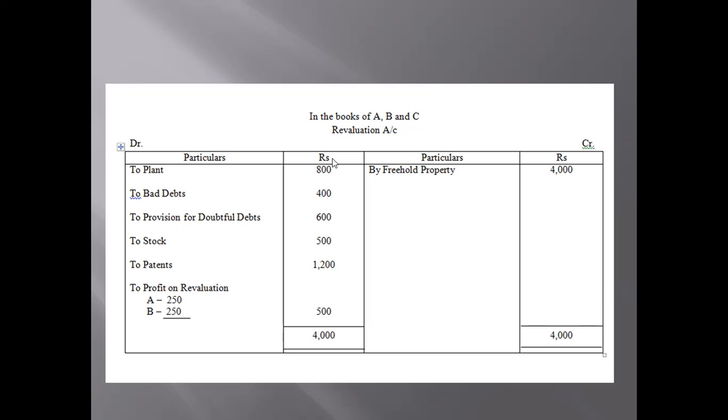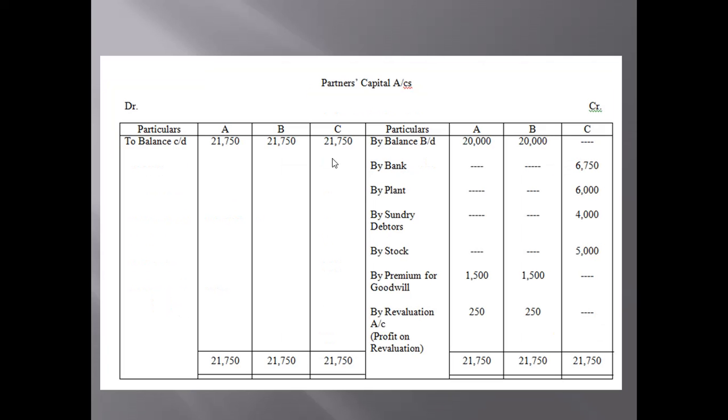We will extract the balance of capitals of A and B from the balance sheet given. This is 20,000 for A and 20,000 for B. We will write it on the credit side.